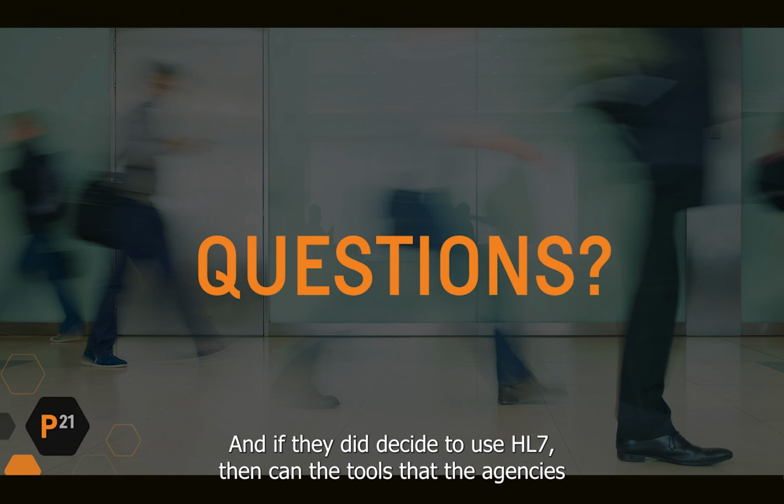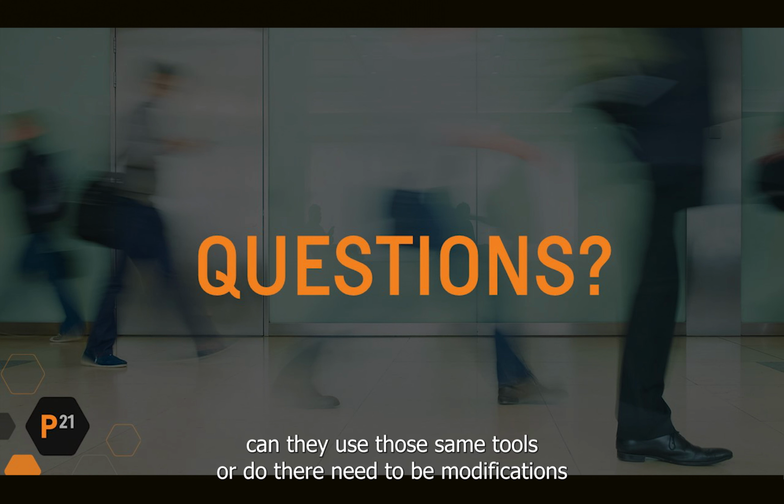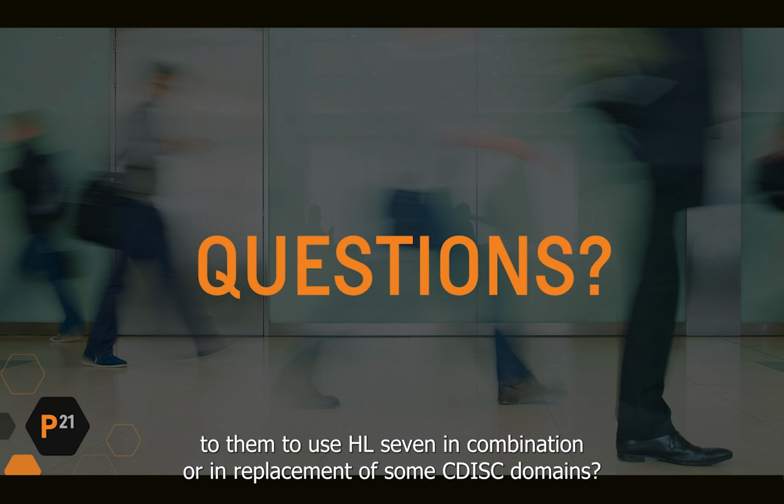And if they did decide to use HL7, then can the tools that the agencies use currently to do data reviews and data fitness, can they use those same tools, or do there need to be modifications for them to use HL7 in combination or in replacement of some of the CDISC domains?